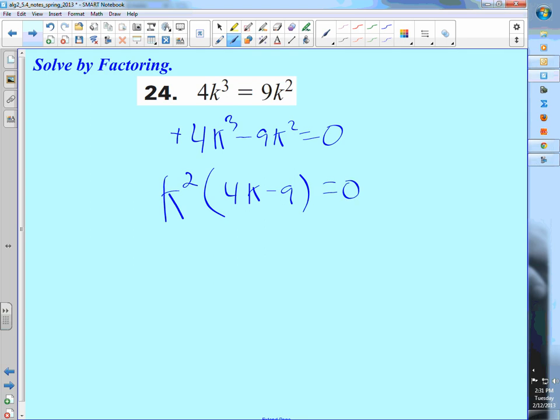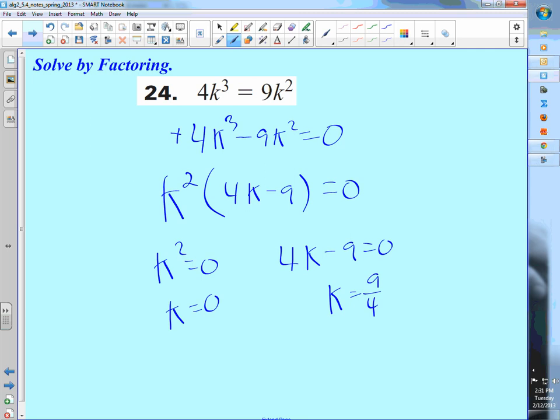And then if you set each factor equal to 0, you're still going to get k equals 9 over 4. And here you're going to get k equals 0. This is a double. This is a single. Together, that's 3. And that can help you know that you got the right number of solutions.